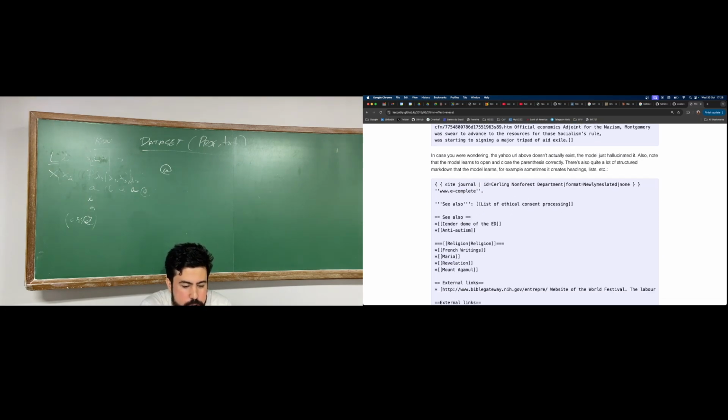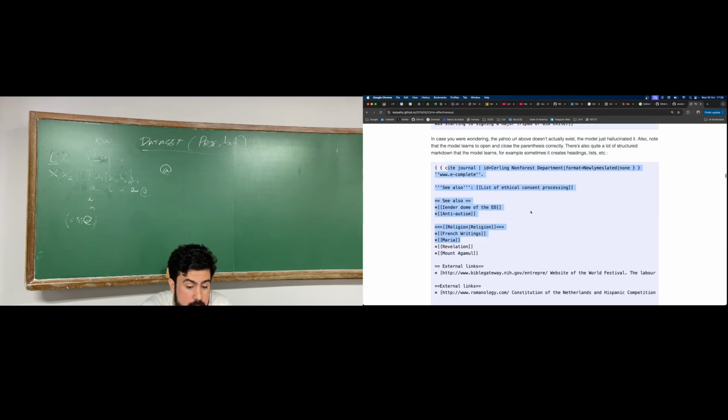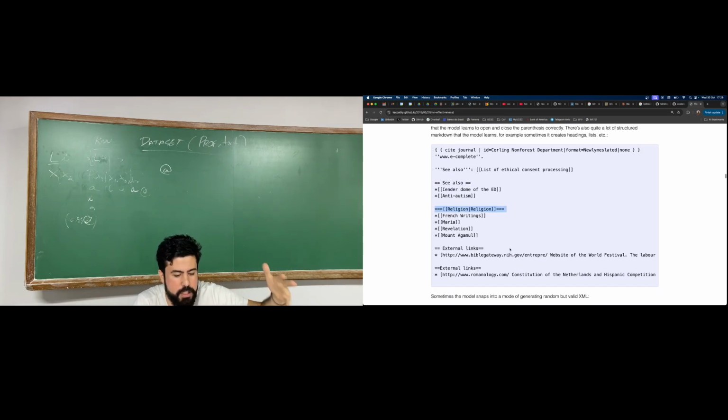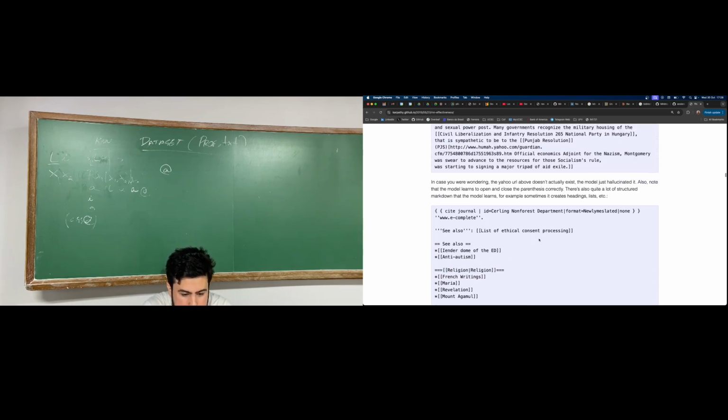He trained that RNN on these documents, and the RNN learned the structure of Wikipedia. So it could produce new documents formatted for Wikipedia. It learned to have sections, some categories, to add links, and so on and so forth. So it creates headings and footers and whatnot.